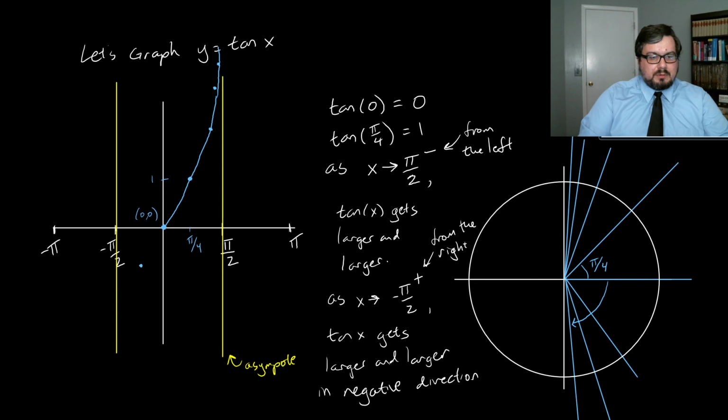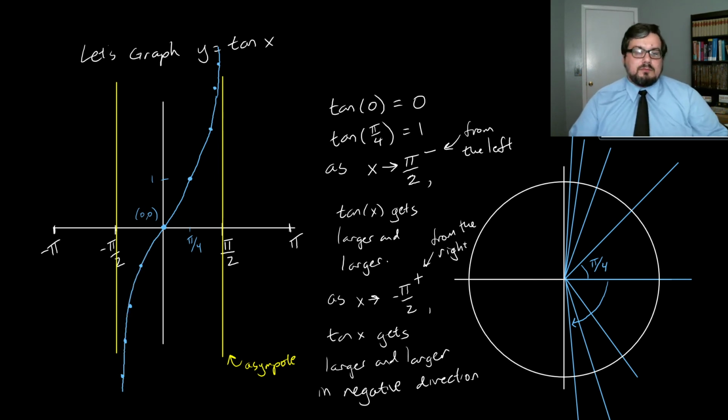And so, in fact, we are going to have values of tangent that look something like this. So what we get is that tangent is squeezed in here between a couple of asymptotes, at least this part of it.